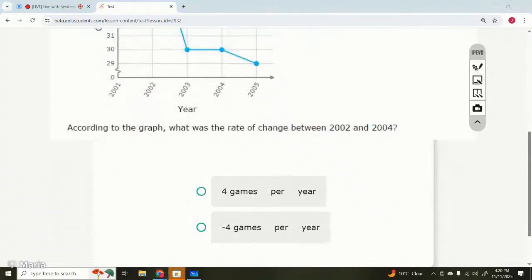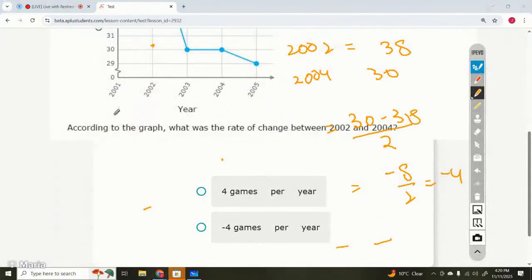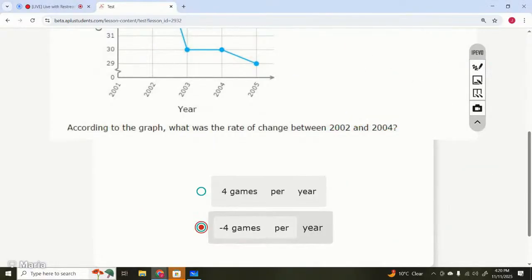The correct option is option number 2, negative 4 games per year.